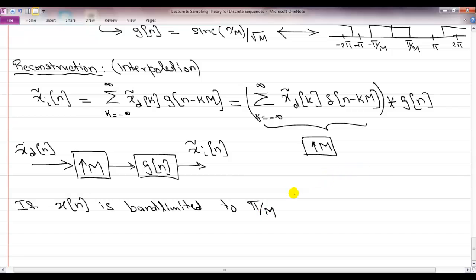If x of n is band-limited to pi over m, then we are guaranteed that x tilde of n equals x of n.